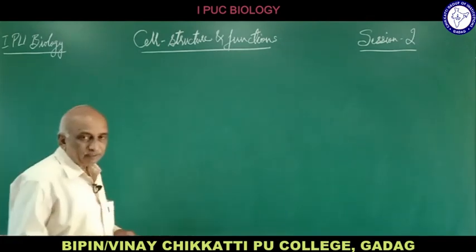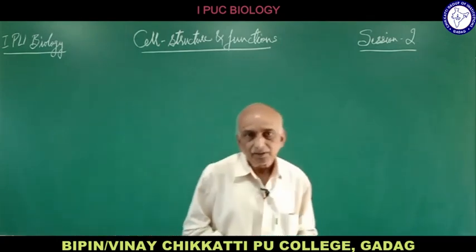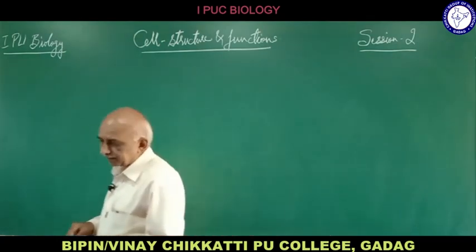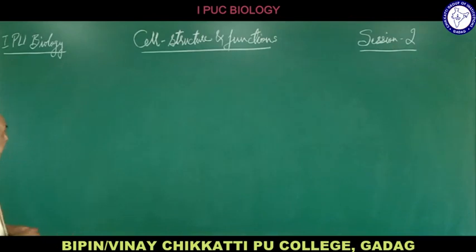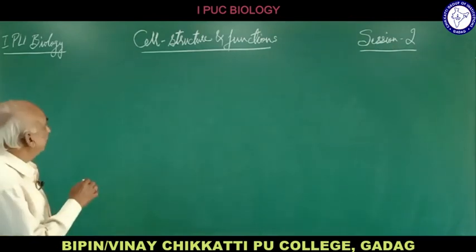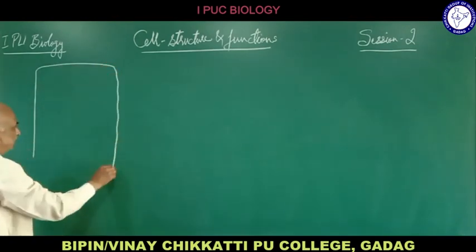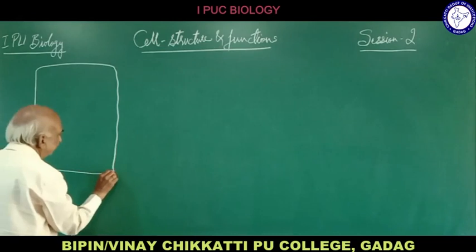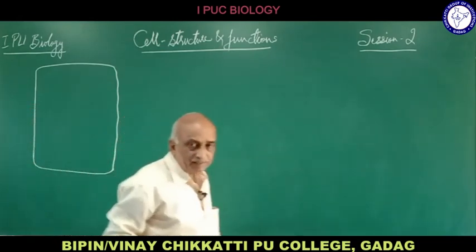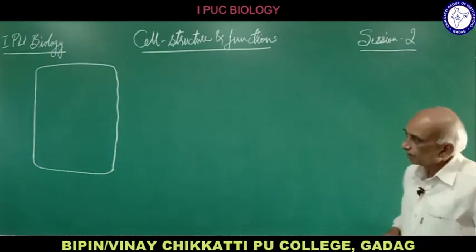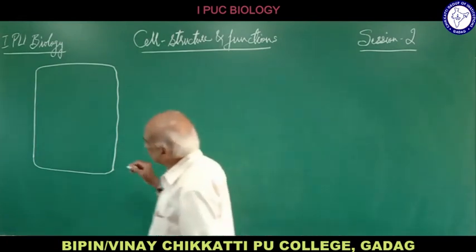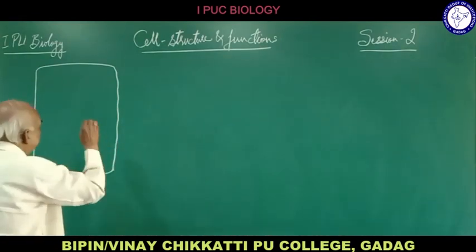Now about the cell organelles, the structure and functions. Mainly we are studying the functions of the cell organelles. If we take a typical plant cell or an animal cell, we have different organelles. The nucleus is present.